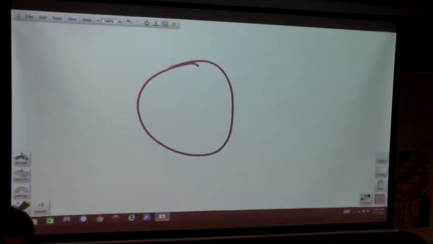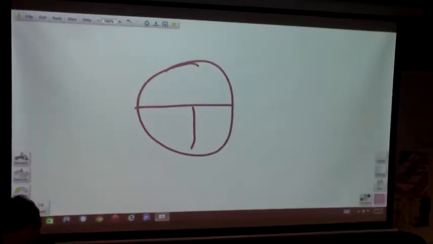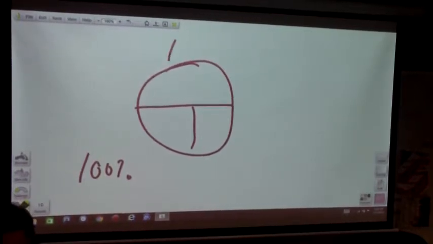Okay, let's do this one together. First of all, my circles are getting uglier. So we're going to borrow $100,000. First of all, we have to know what we started with. We don't know what we started with, but we know we started with 100% of what we need. This figure up on top is the money we needed, $100,000.